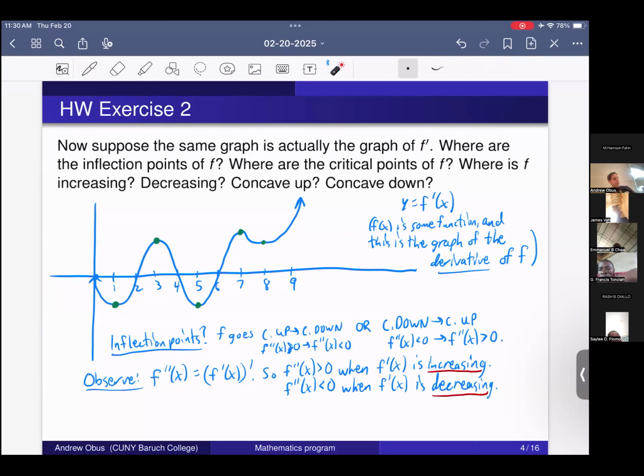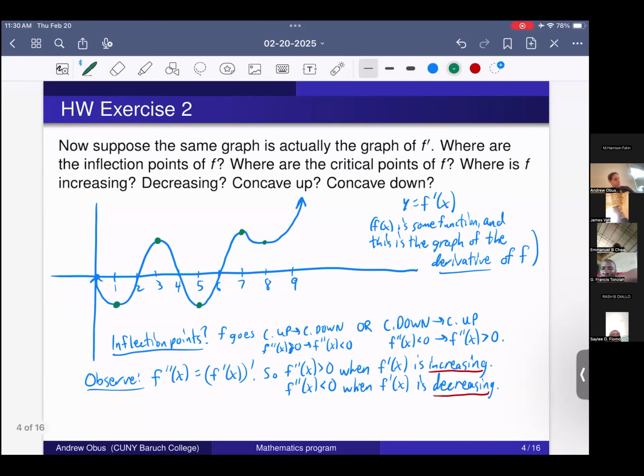All of the points that I've labeled in green are inflection points of f of x, because they're exactly the points where f prime changes between increasing and decreasing.